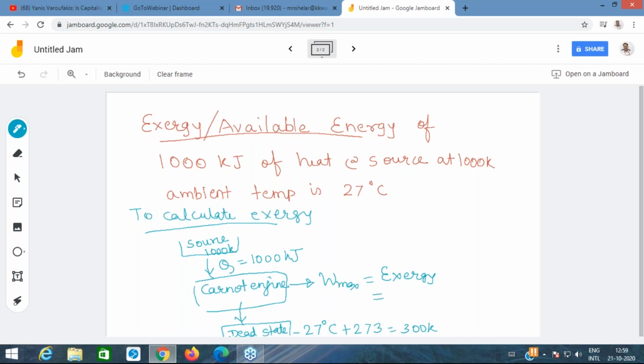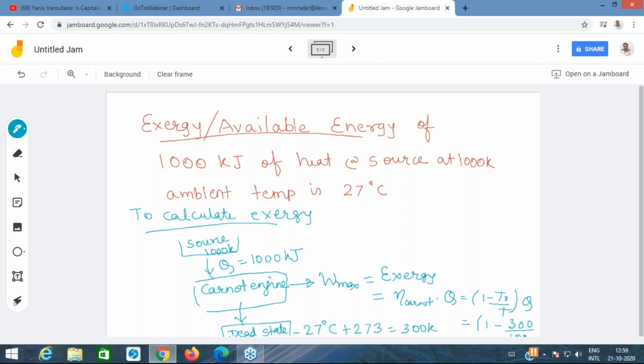And what would be the maximum work? It is the conversion efficiency of the Carnot engine, the heat to work efficiency, that is the Carnot efficiency, into heat, which is 1 minus T naught by T, into Q. In our case, this is 1 minus T naught, which is 300, and T is 1000.